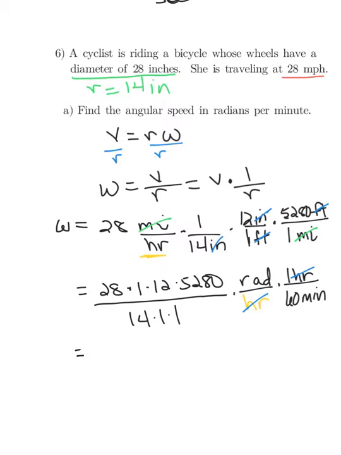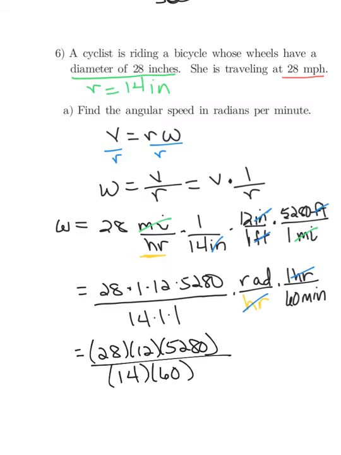Number-wise then, we have 28, I'm going to leave the 1 out, times 12 times 5,280 divided by, in the bottom, we have 14. I'm going to leave the 1s out because they don't have any effect, times the 60 from way over on the end. Our labels are radians and minutes.